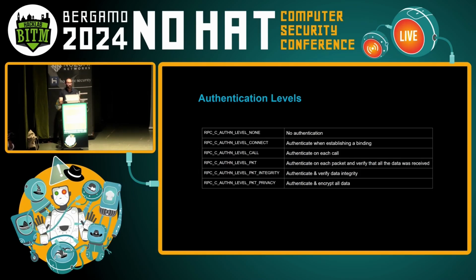So just the client and the server can decrypt the RPC data and view it. Of course, Microsoft recommends that everyone implements their RPC servers with packet privacy, but we are interested, obviously, in level connect because there's no verification, there's no checks, and that just means it should be reliable.